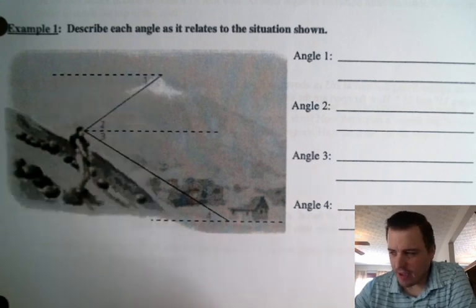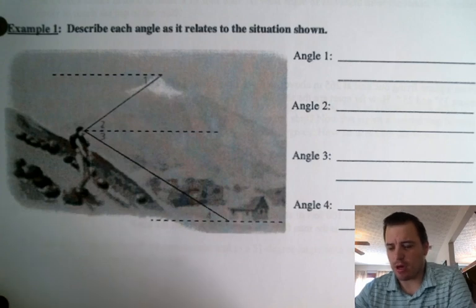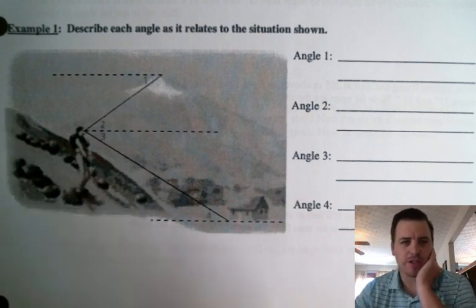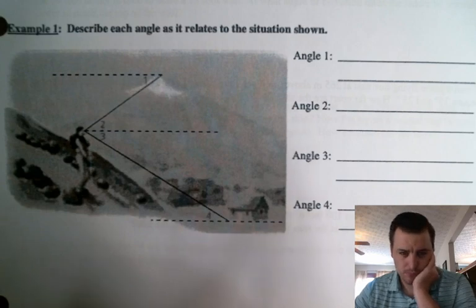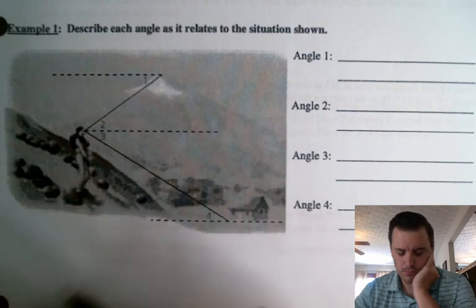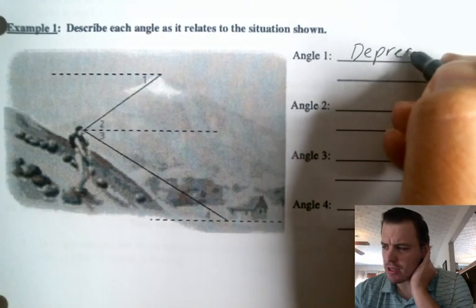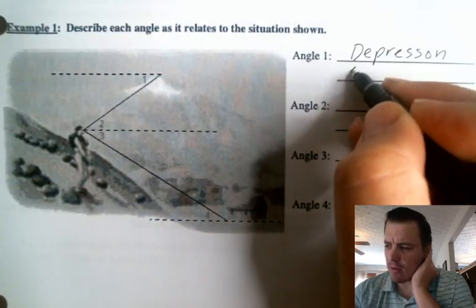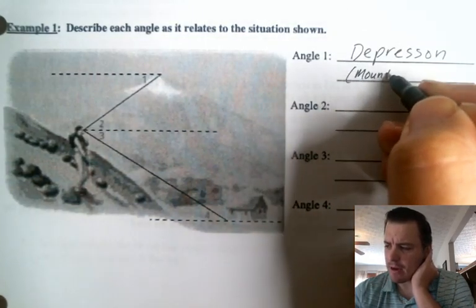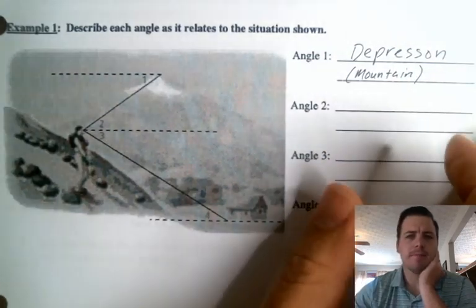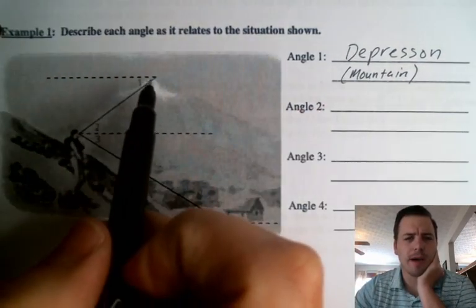So what kind of angle would that be? An angle of depression or an angle of elevation? Angle of depression. Very good. So angle 1 is an angle of depression, and it's at the mountain. So angle 1 up here by the mountains, looking down.